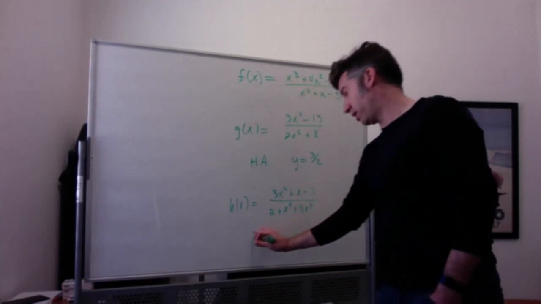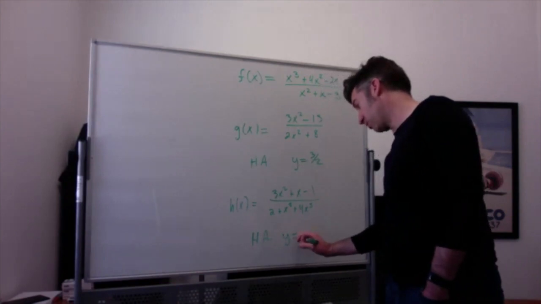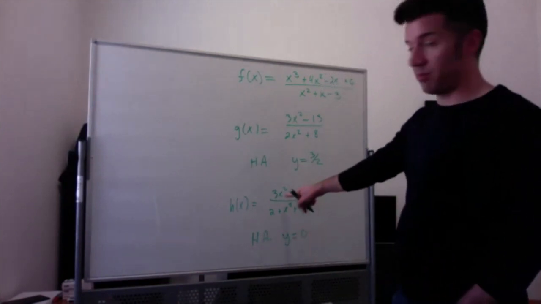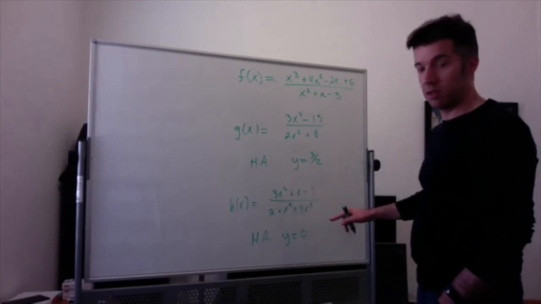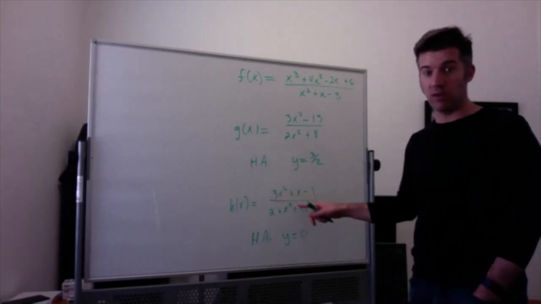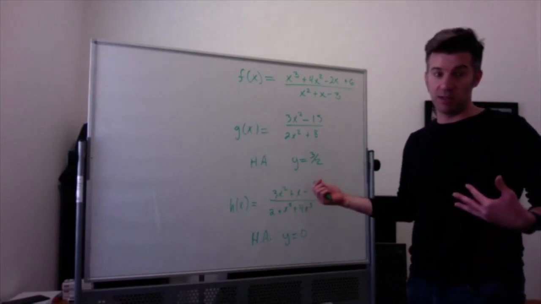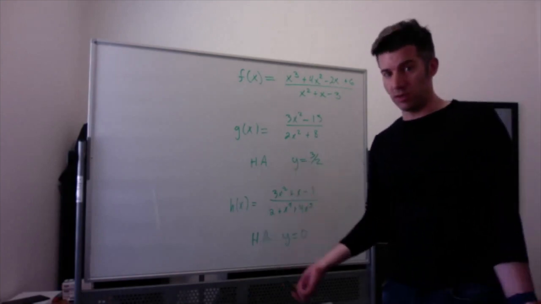This rational function would have a horizontal asymptote of y equal to 0 because the degree on top is less than the degree on the bottom. The degree on top is 2, the degree on the bottom is 5. The leading coefficient on top is 3, the leading coefficient on the bottom is 4. But since the degree in the denominator is larger, the horizontal asymptote is 0.